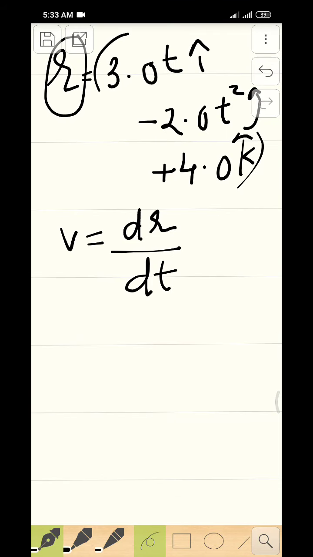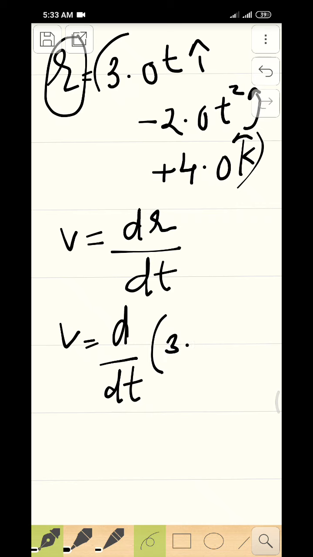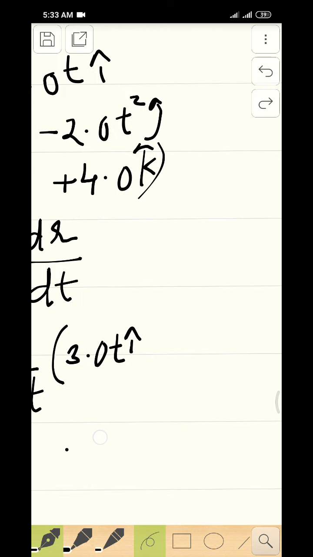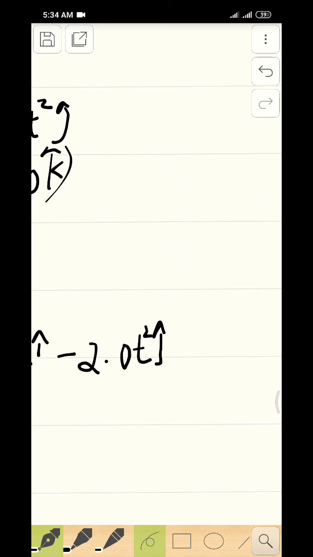So you can write v is equal to d by dt of 3.0 t i cap minus 2.0 t square j cap plus 4 k cap.